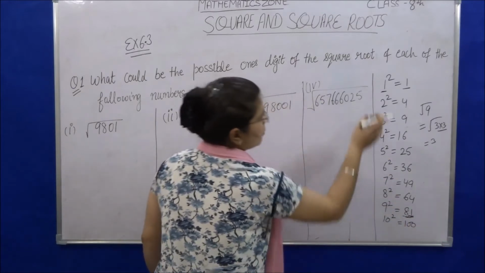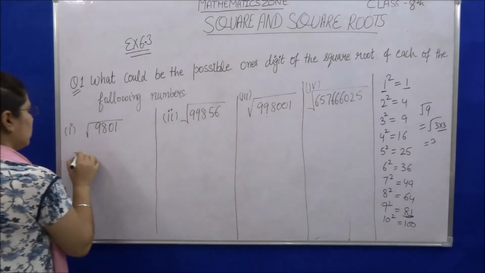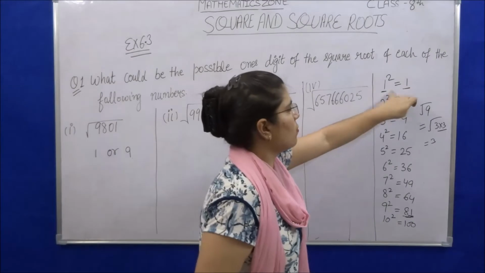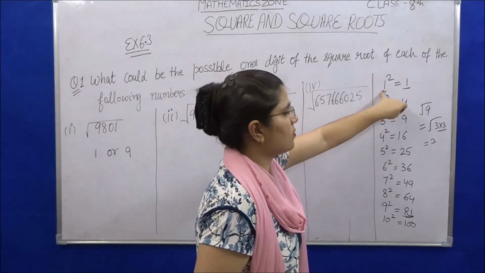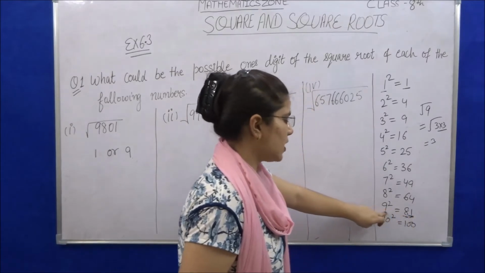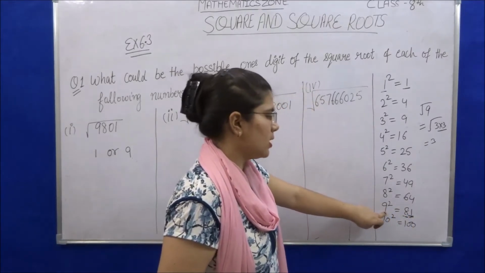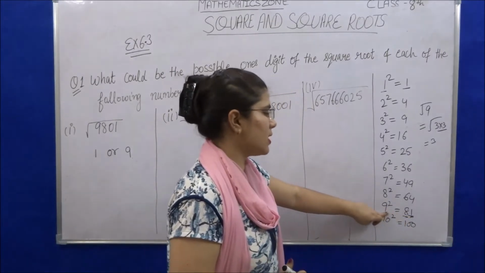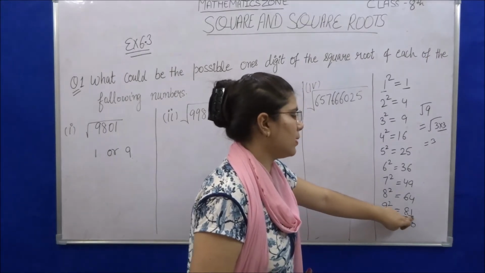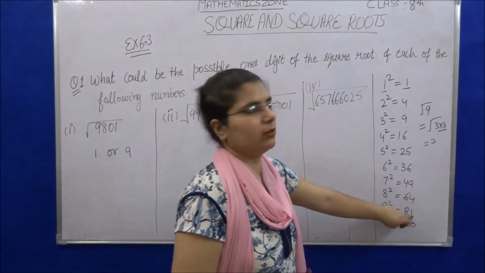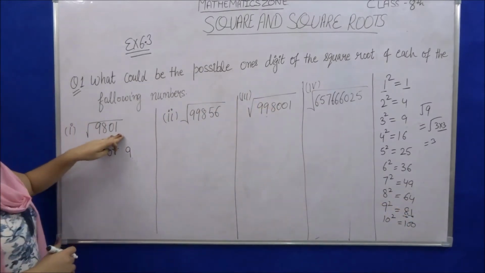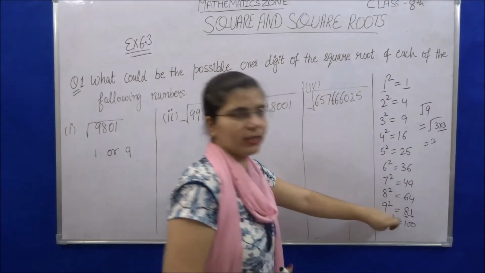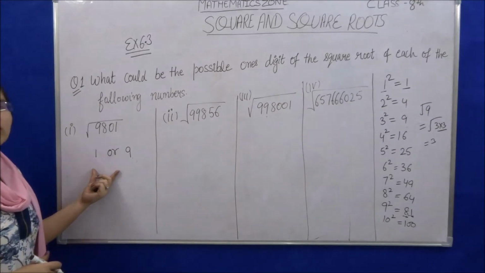So its square root will be either 1 or 9, because the square root of 1 is 1, which has unit place 1, and the square root of 81 is 9, a single digit number. So if we have a 1 at the unit place, its square root will have a unit digit of 1 or 9.